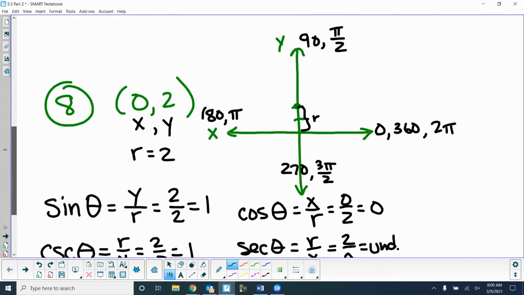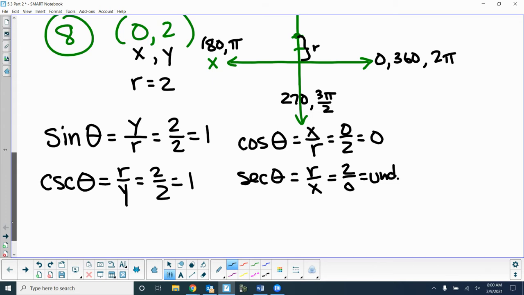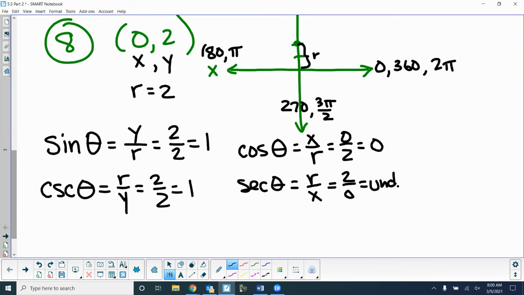So what we're doing here is sine, cosine, and tangent of 90 degrees. Tangent is y over x. The y is 2, x is 0, so that's undefined.